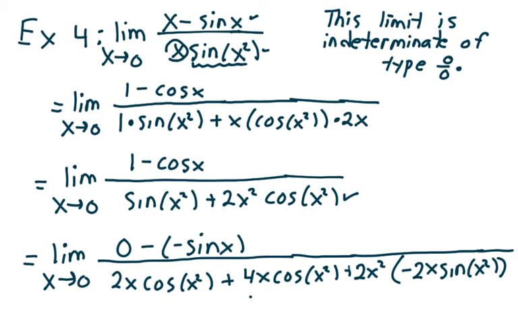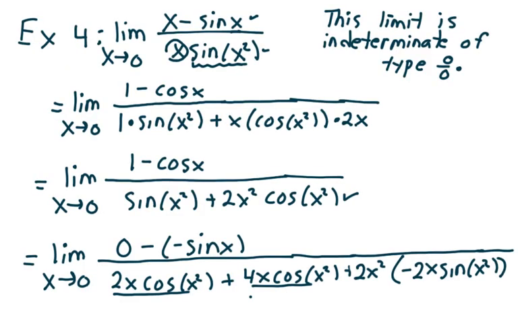Now, I can combine the first two, right, and call that 6x cosine of x squared. So let's do that. So this is the limit as x goes to 0. The top is sine of x.